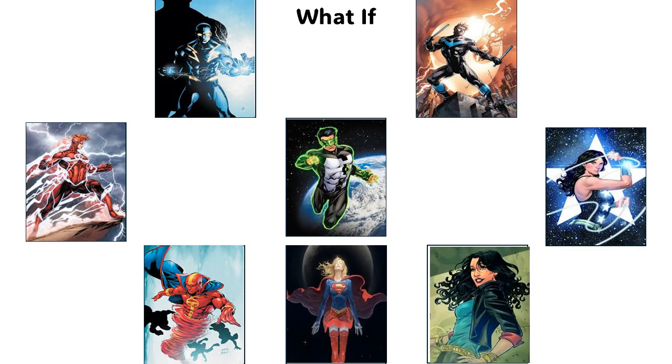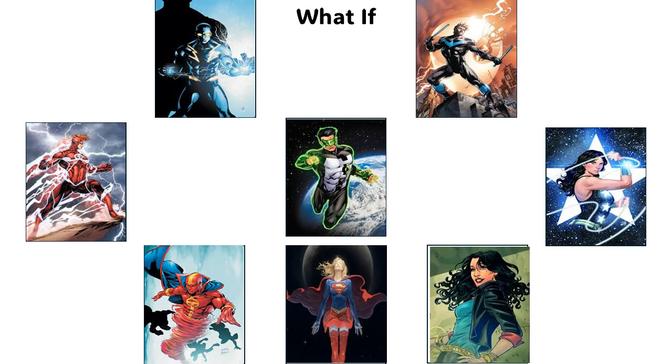And just as a reminder, the What If team is led by Black Lightning, with Nightwing as the supportive leader, Wally West Flash, Kyle Rayner Green Lantern, Donna Troy as the tactical picks, and then the two other sort of supporting powerhouses in Red Tornado and Supergirl, and then the wild card of Gypsy.